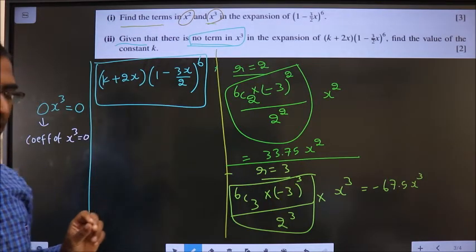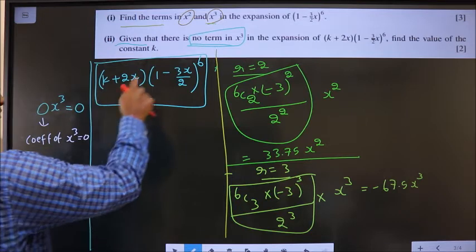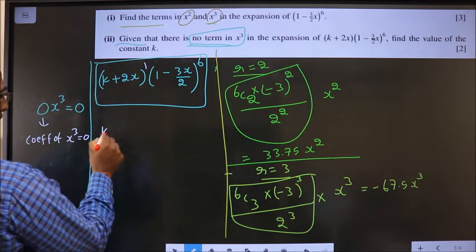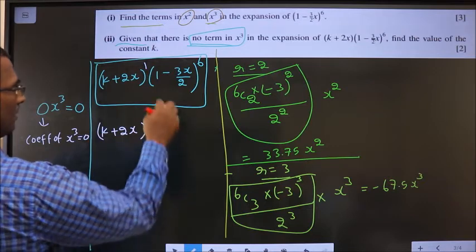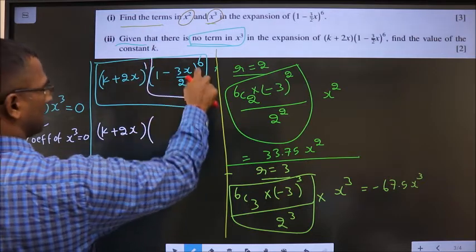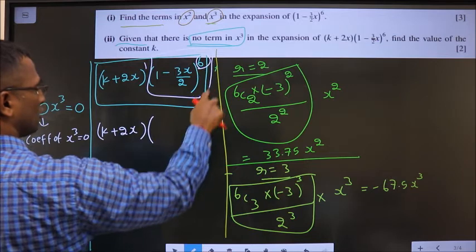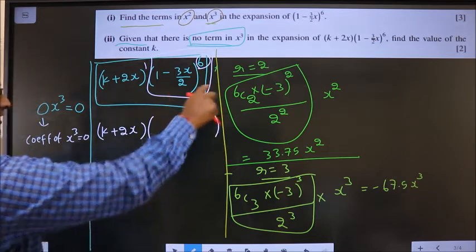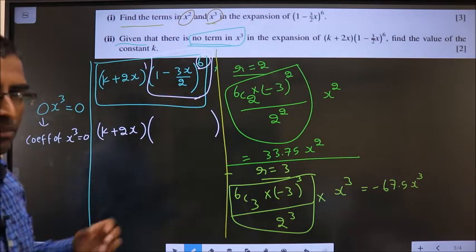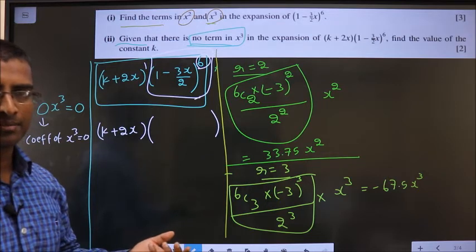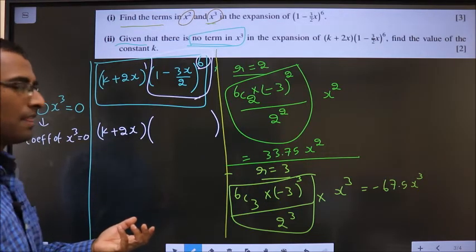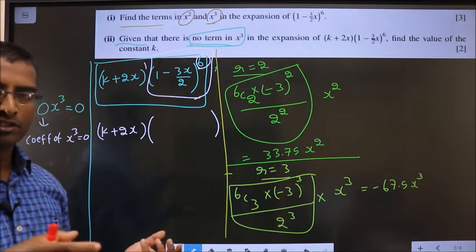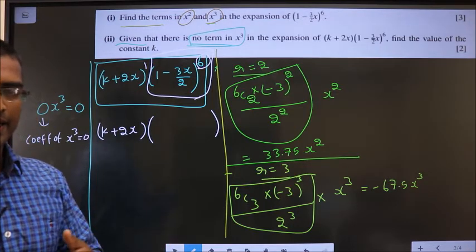So let us find. For this bracket the power is 1, so it will not undergo any change. For this bracket the power is 6. So I get many terms in this expansion. But I do not need all the terms. I am trying to find the coefficient of x power 3. So I will select only those terms which result in getting x cube.